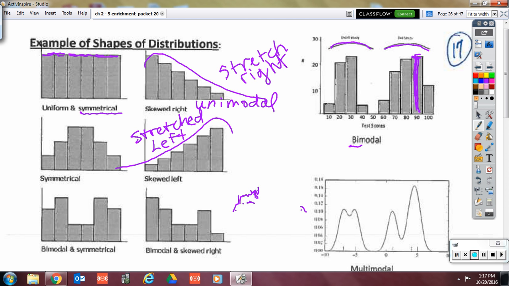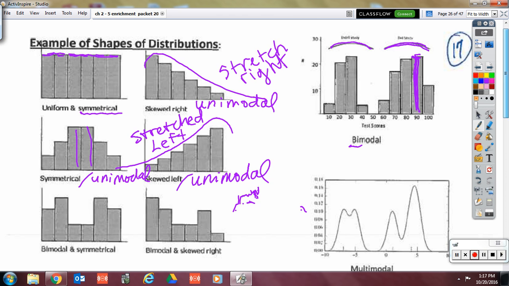It should have the two words skewed right and unimodal to describe it. This next one, symmetrical, is also unimodal. And so is this skewed left one. The symmetrical one is unimodal even though it has these two bars, because they're right there in the same section. It would look like this to have stuff that is bimodal.